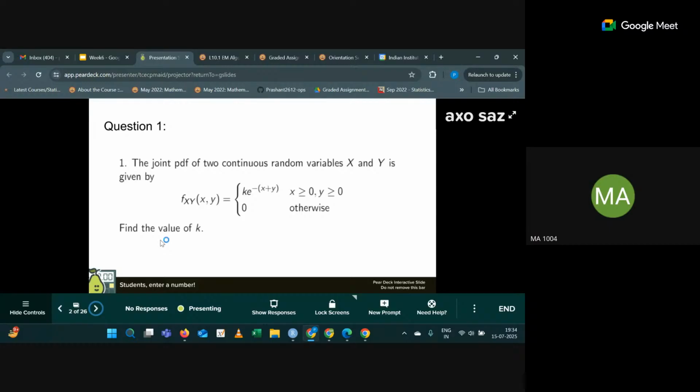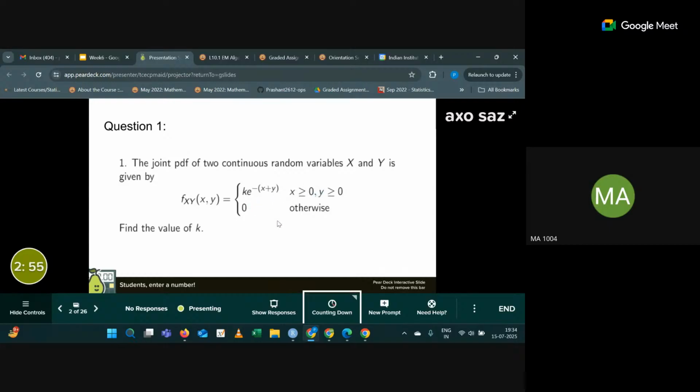You have to find the value of k. How will you find it? You have to do the area integration. The area under the curve will be 1. You can recall this from a single random variable. We do it from 0 to infinity for both variables, because the lower limit is 0 and the upper limit we don't know.